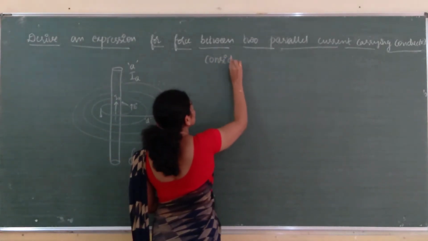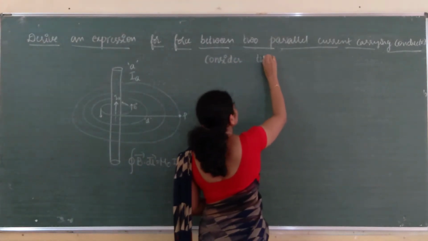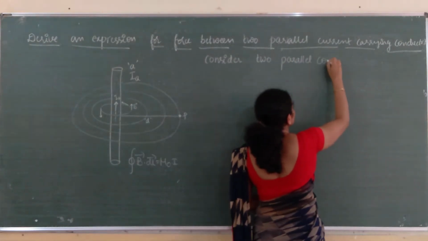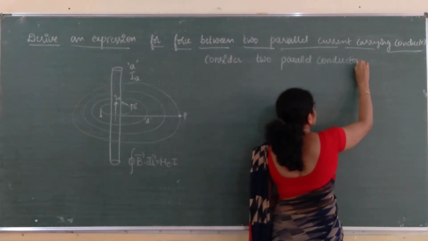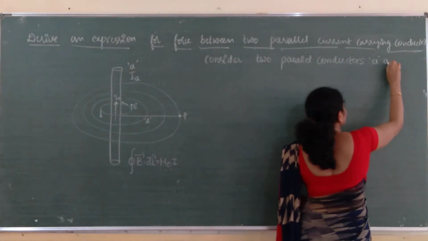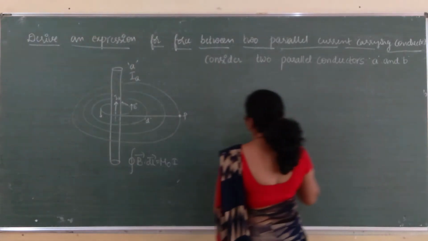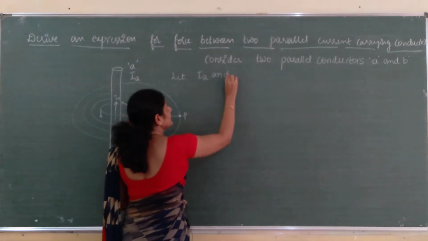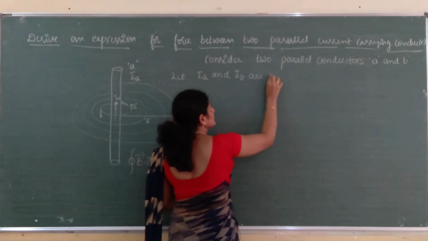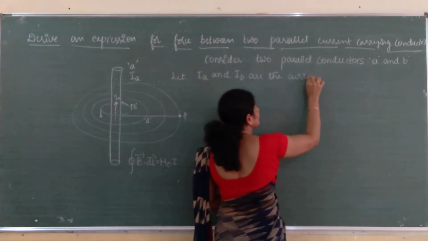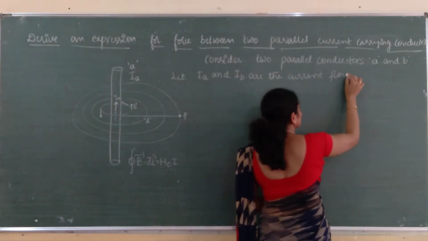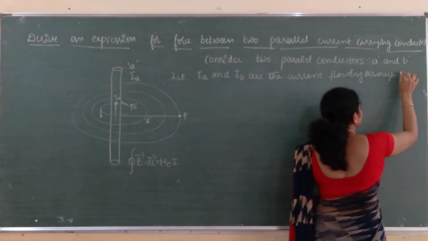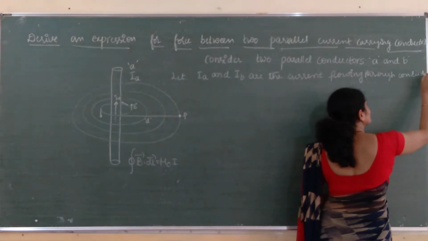Consider two parallel conductors A and B. Let IA and IB be the currents flowing through the conductors.